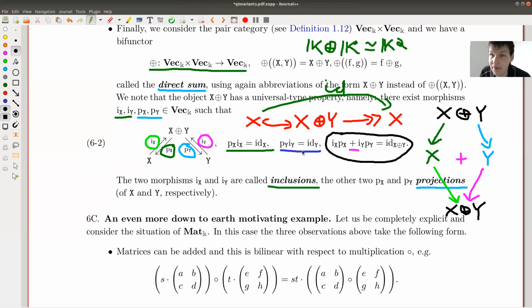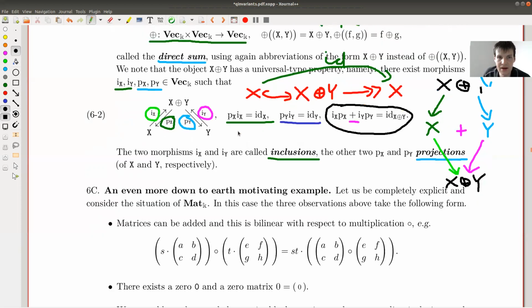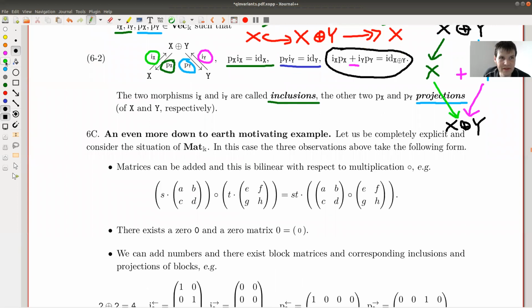And let's have a look at matrices, because for matrices, this is really super obvious. So even more down to earth motivating example, matrices. So remember that matrices, this was this category where the objects are just numbers, and the morphisms are matrices of the corresponding sizes.